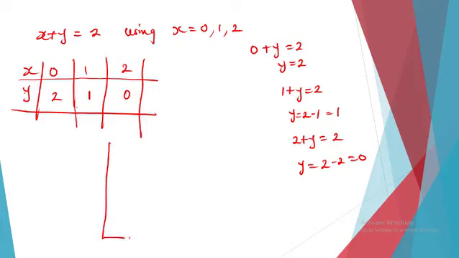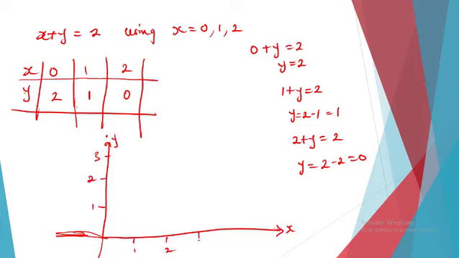Okay, so we now represent the information on a graph. We have something like this. Okay, here is our y, here is our x. This is 1, 2, 3, 1, 2 and 3, and this is the point of origin, which is 0, and we are told that when x is 0, y is what? Y is 2.